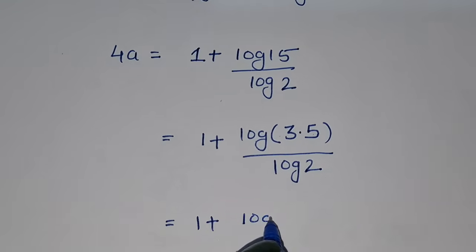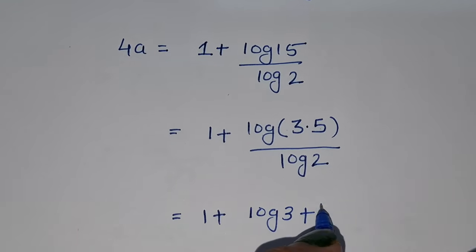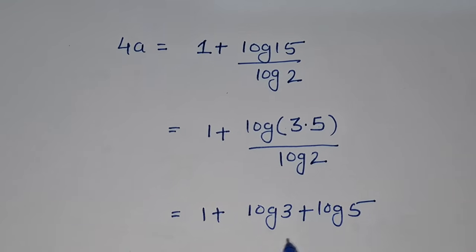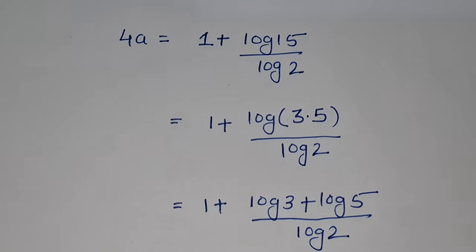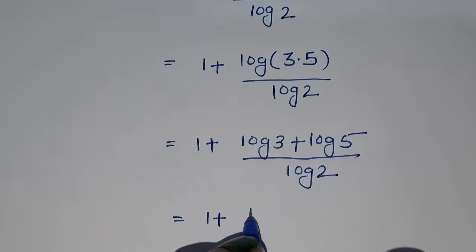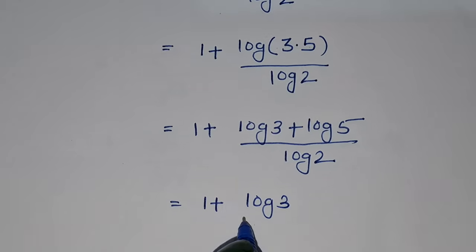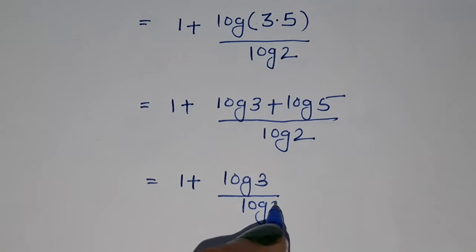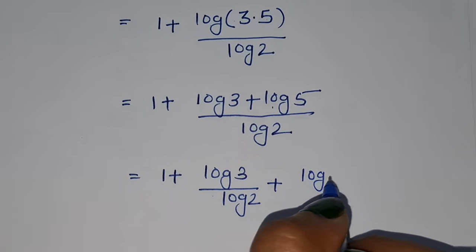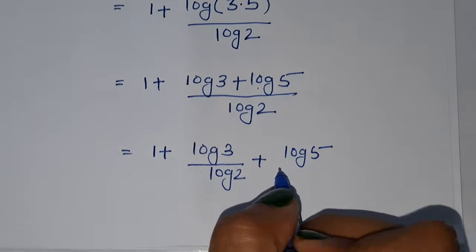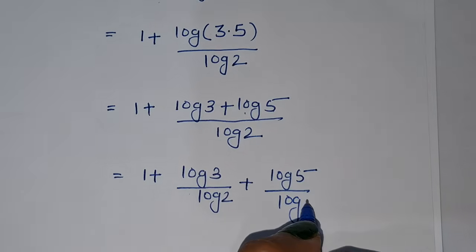So it will become log of 3 plus log of 5 divided by log of 2. Now 4a is equal to 1 plus log of 3 divided by log of 2 plus log of 5 divided by log of 2.